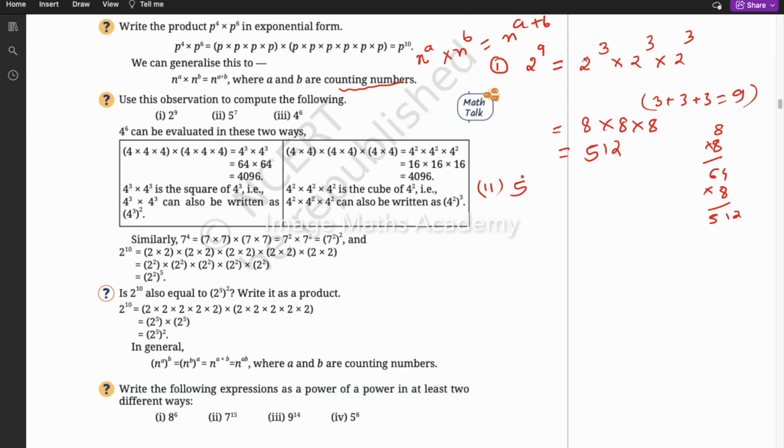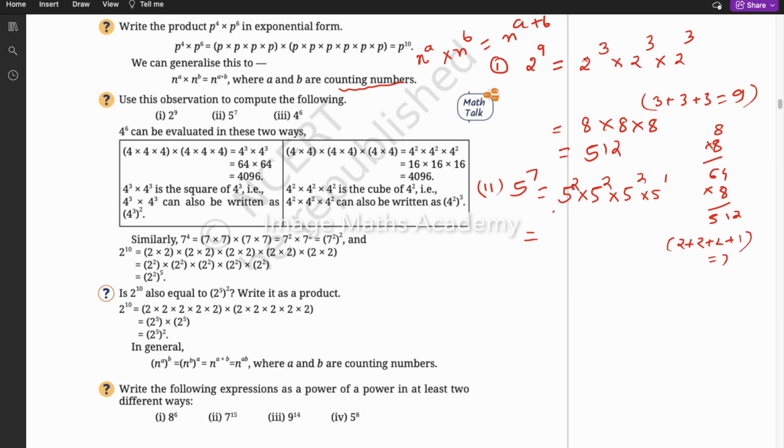Second one, 5 to the power 7 is given. So which is equal to 5 to the power 2, 5 to the power 2, 7 चाहिए so 5 to the power 2. Powers का addition 6 हो गया, multiplied by 5 to the power 1 one time. As powers 2 plus 2 plus 2 plus 1 is 7.